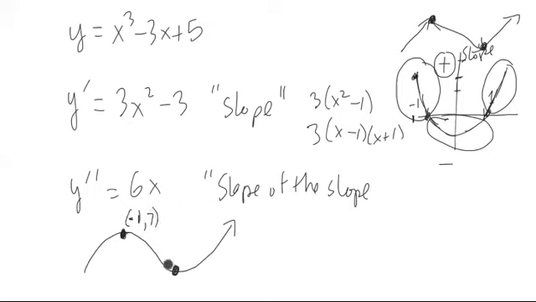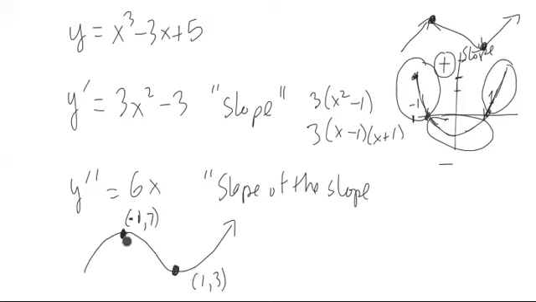Now for here, this is where we plug in the x value of 1. So we plug 1 into the original function, we get 1 plus 5 is 6 minus 3, we get 3. We have a lot of good data about this graph. Look at that, it's kind of nice.